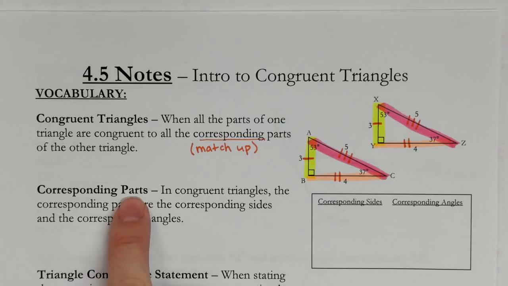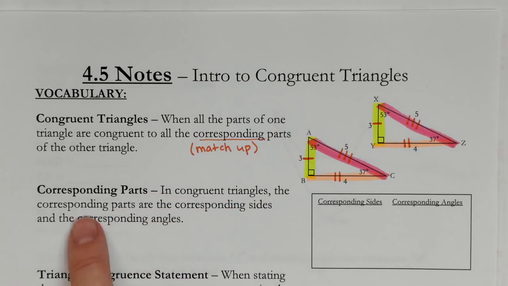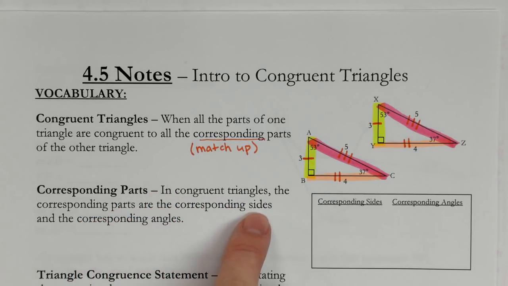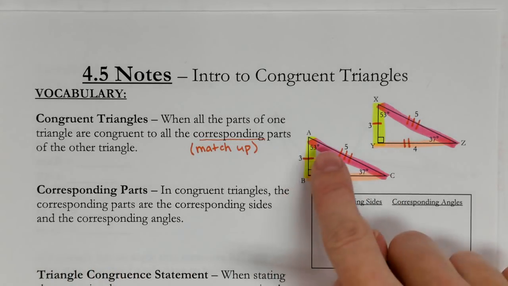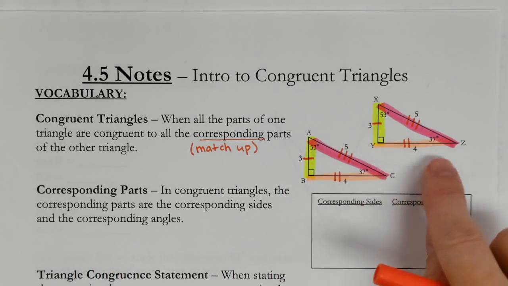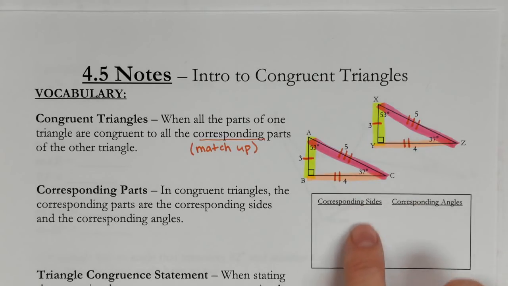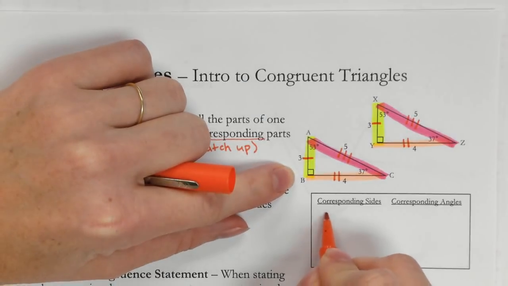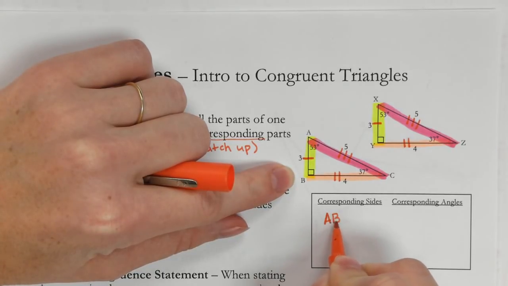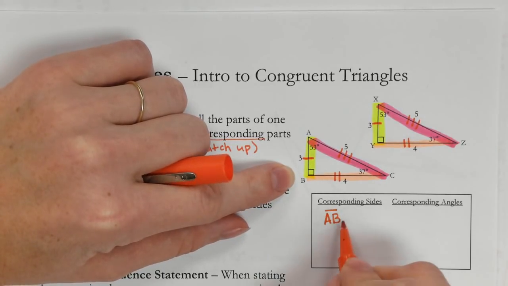So then we have corresponding parts. In congruent triangles, the corresponding parts are the corresponding sides, so those are the ones that we highlighted, and the corresponding angles, and we talked about which angles match up as well. So we're going to name which sides are corresponding and which angles are corresponding. If I look at this triangle, to name the yellow side, I would call it AB, and it's a line segment.